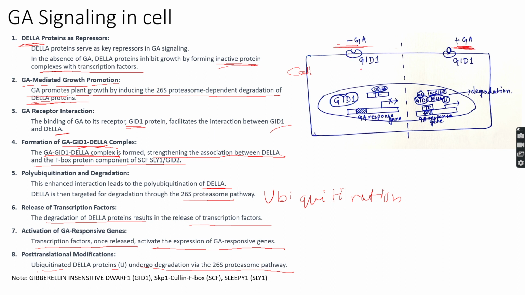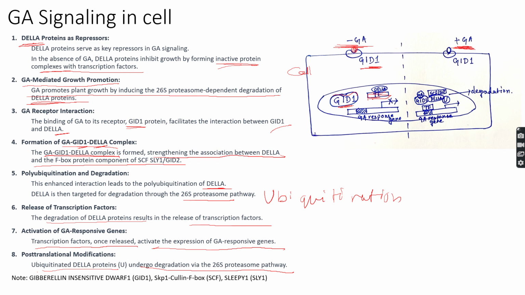So GID, as I told you, the receptor of gibberellin, full form gibberellin insensitive dwarf 1, receives the GA, but here as the GA is not there, it will be free from GA. GID1 will form a complex with the DELLA protein if GA is there, but if it is not there, GID1 will be free, and DELLA will now interfere with the transcription factor.